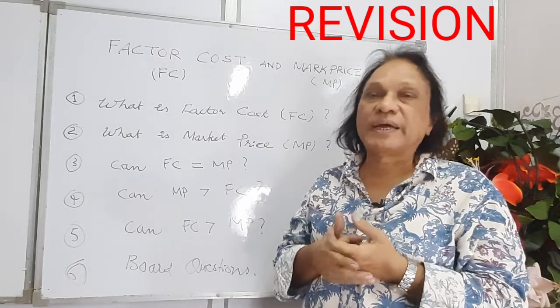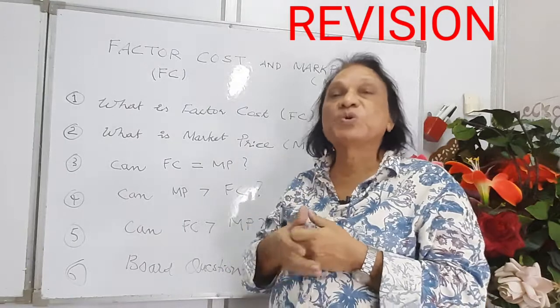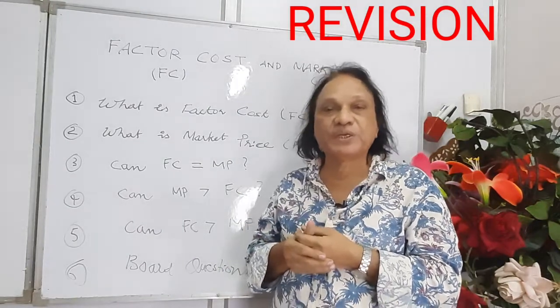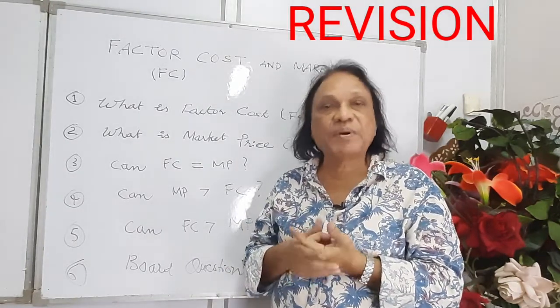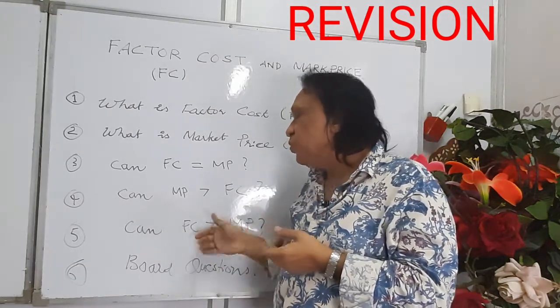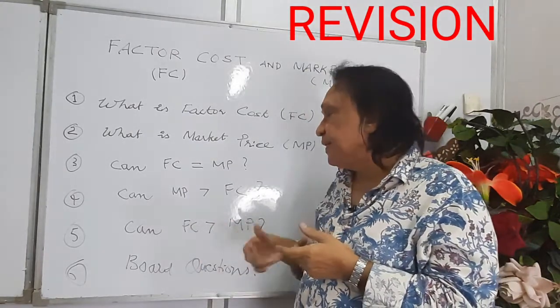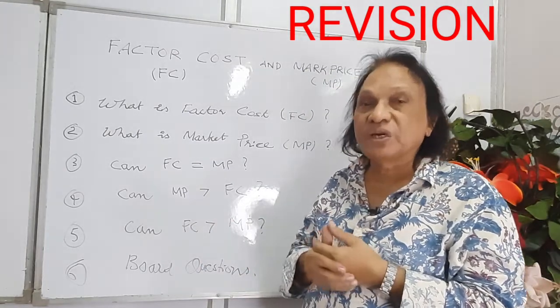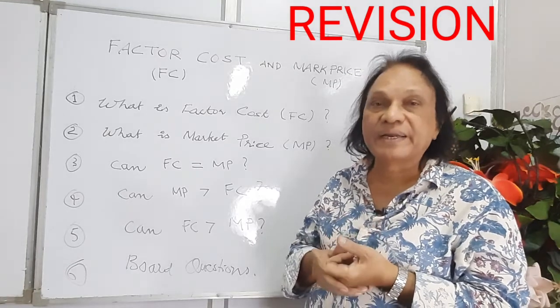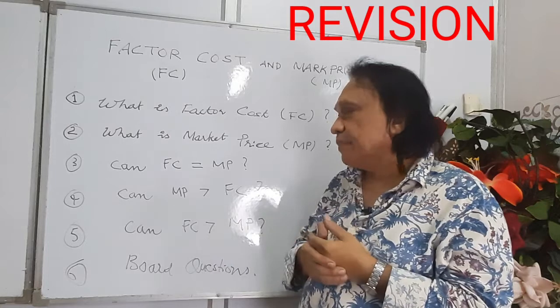But most of the time market price is greater than factor cost because the government imposes more taxes than the government provides subsidies. Only in case of certain commodities, maybe agricultural products, the government is providing huge subsidies to the farmers. In their case, factor cost will be greater than market price because there are not many indirect taxes in case of farmers. So only this can happen.